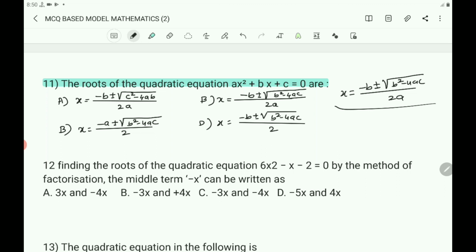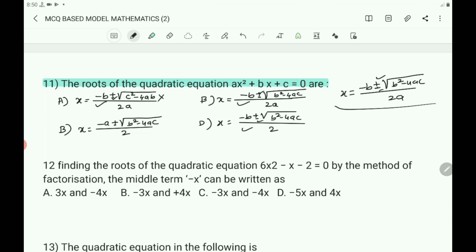Compare the formula. Minus b must be there, plus or minus must be there. Then b square minus 4ac; here b square minus c square minus 4ab is there, so it is not the answer.